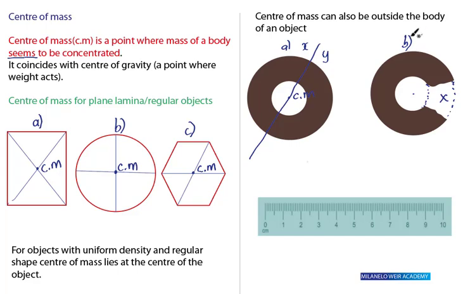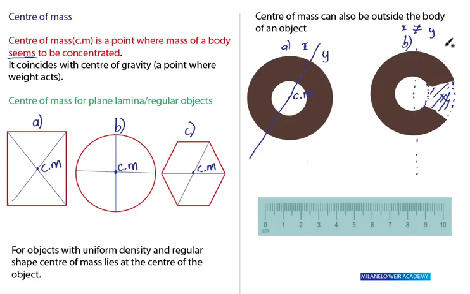So initially these two sides were equal, X and Y, but after removing this portion, they are no longer equal.